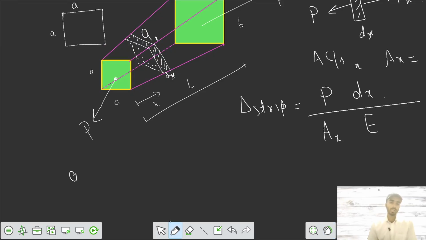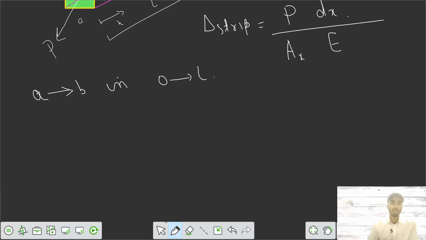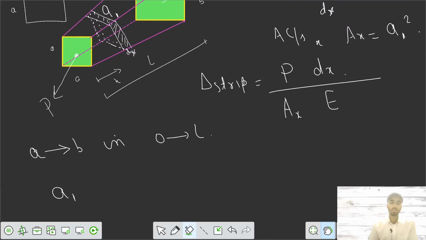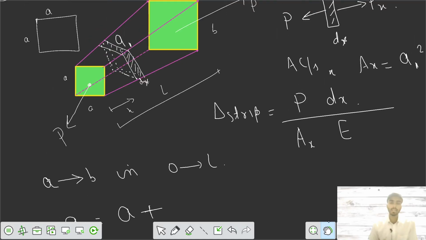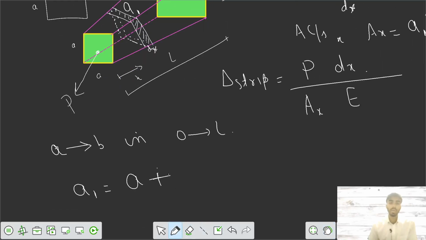Your area cross section is varying from A to B in length 0 to L. So we can do a linear interpolation. We will say the value of A1 is equal to A plus the change of side in the length L, which is B minus A upon the total length, and up to that moment you want, that's your x.